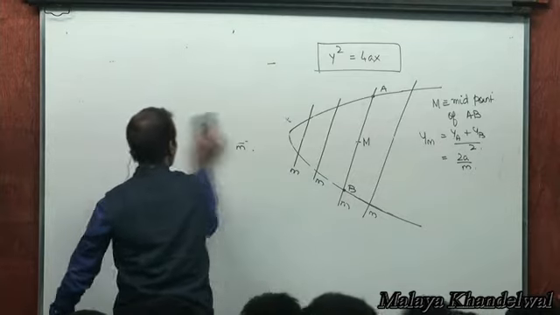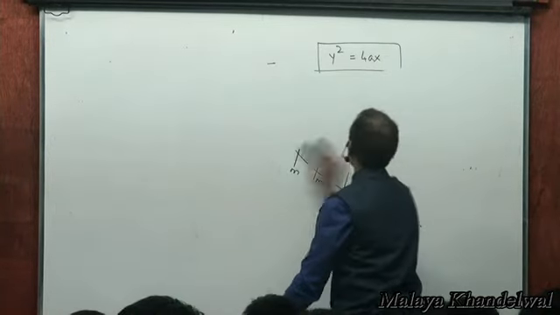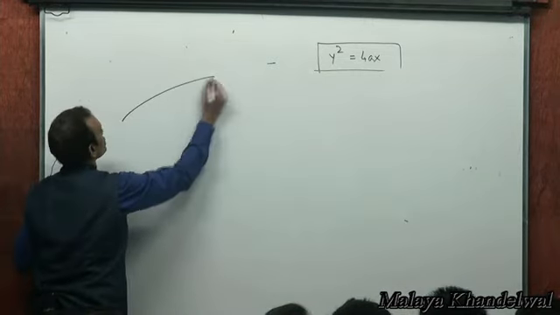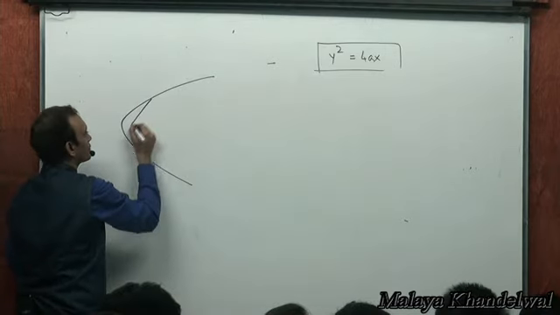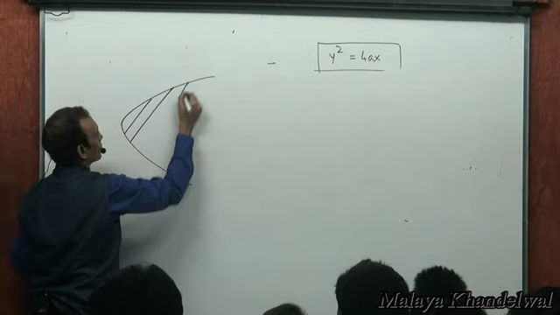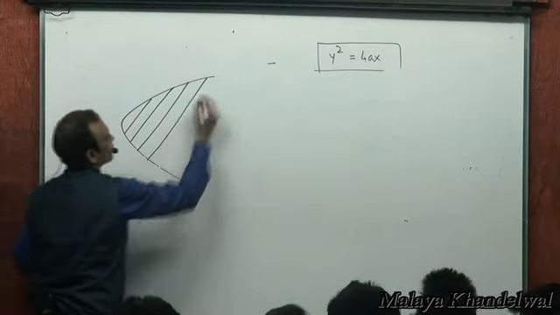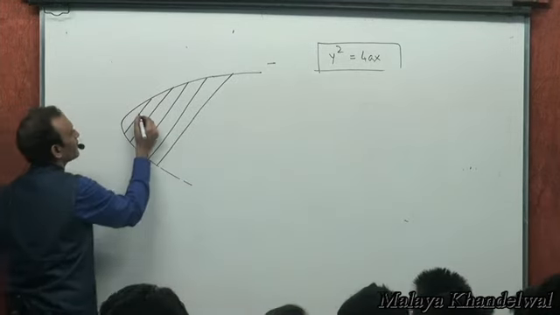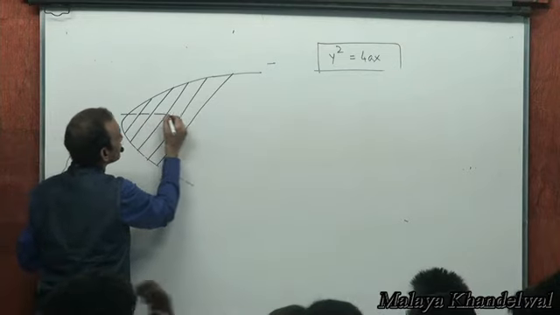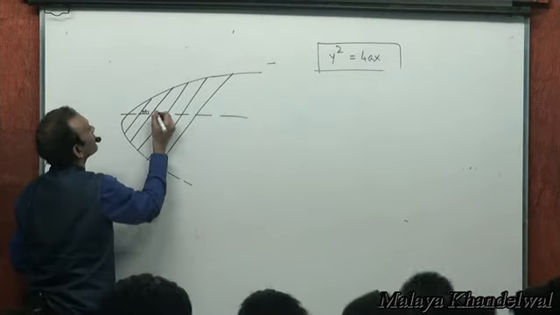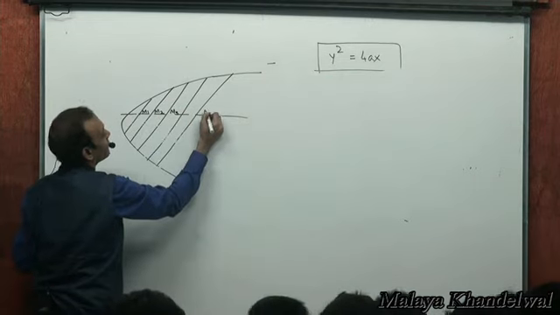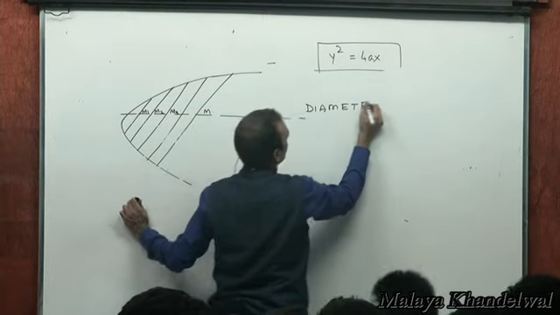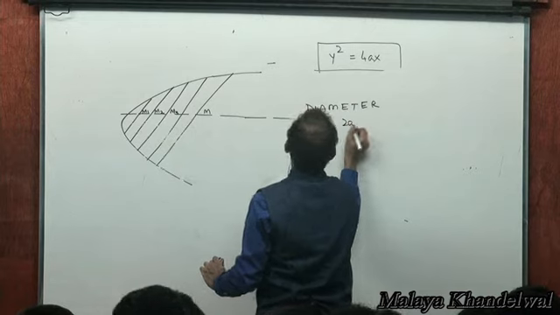And not only that, look, there was this system of parallel chords, each of slope m. I joined their midpoints M1, M2, M3, Mn, and I got the diameter whose equation was y equal to 2a by m.